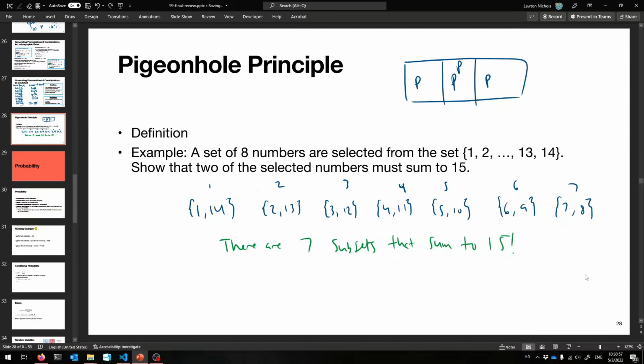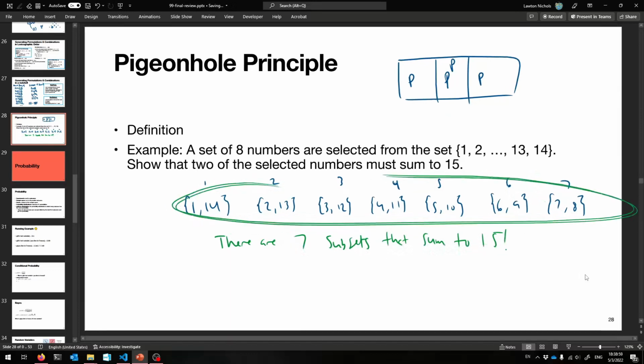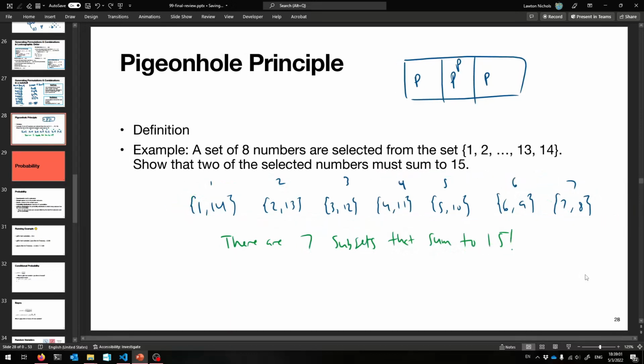Well, I have used 1 through 14 exactly 1 time. So I'm picking 8 numbers. In the worst case, like I pick 1, 2, 3, 4, 5, 6, 7. Now, to pick an 8th number, in the worst case, I'm going to pick one of these. If I pick 8, oh man, now I have 2 numbers that add to 15. If I pick 11, oh no, now I have 2 numbers that add to 15. No matter what I do, that 8th number is going to put me in one of these subsets.